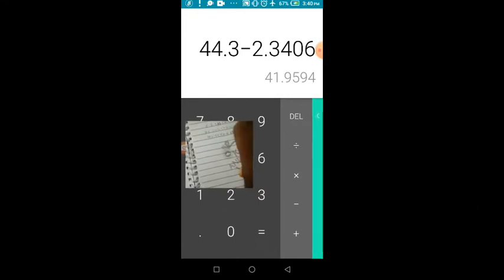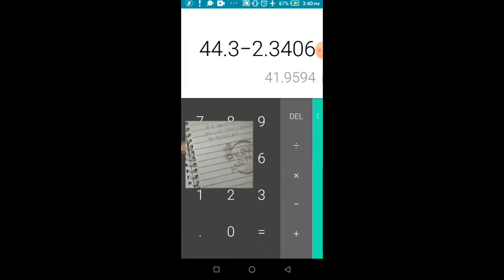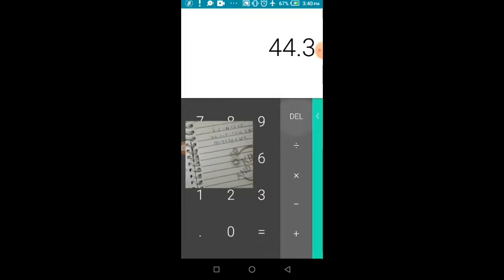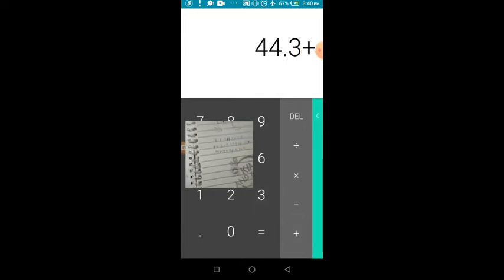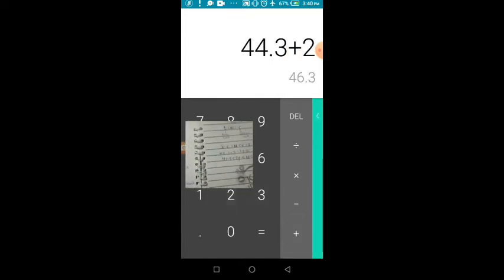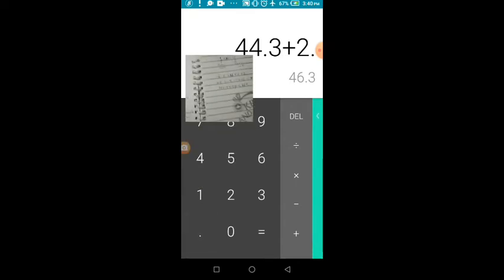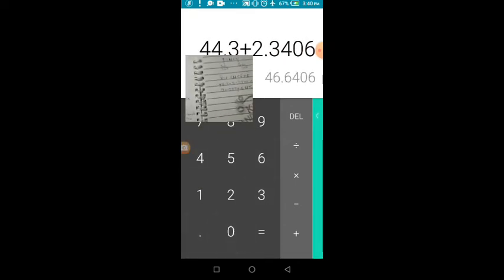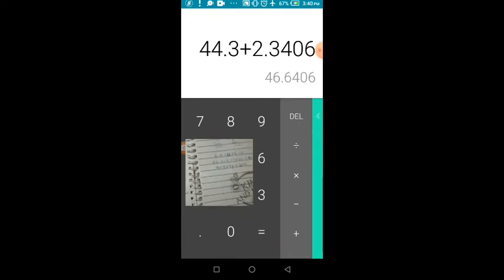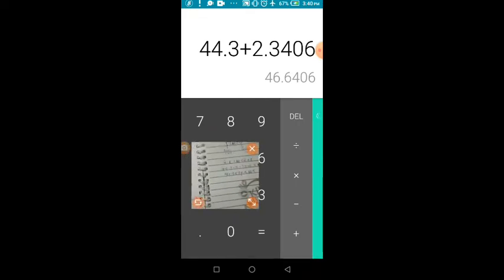Then, okay, now I want to get the right hand answer: 44.3 plus 2.3406.